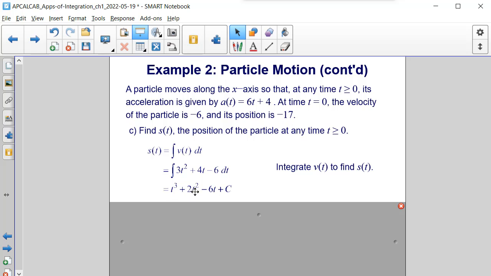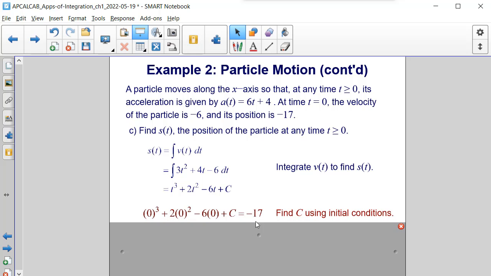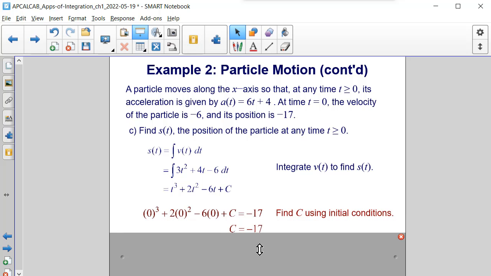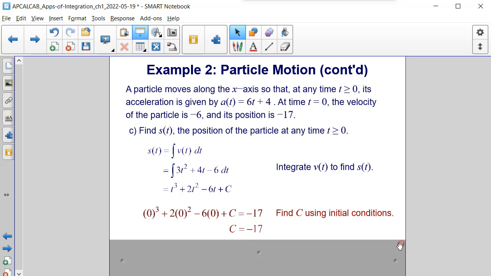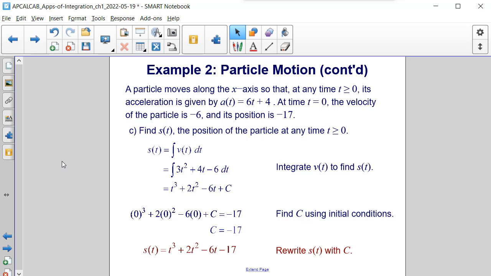So if we substitute 0 in for every variable t and include the plus c and set it equal to negative 17, we can end up solving for that c value. It ends up being that c is equal to negative 17. And the final step in solving this problem is to rewrite our position function with minus 17 at the very end of it, making it be t to the third plus 2t squared minus 6t minus 17.